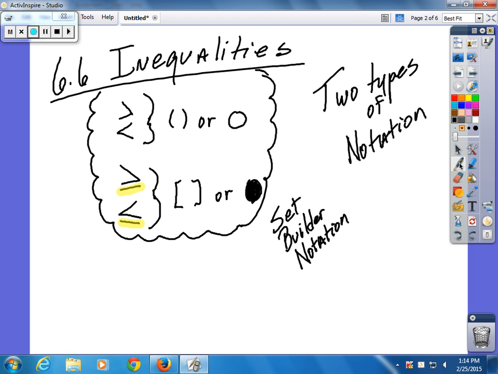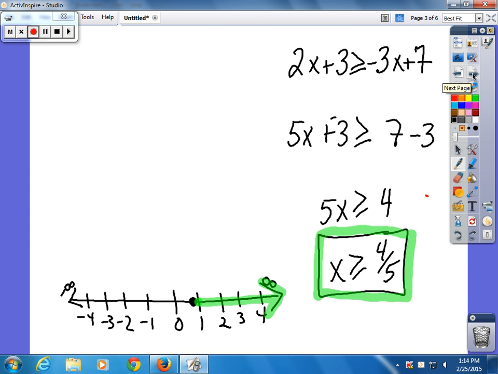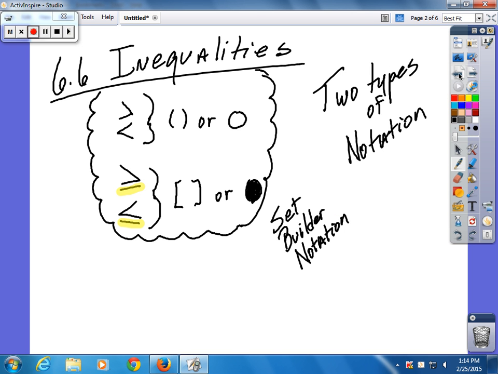So let's say, a while ago we did a problem and we got x is greater than or equal to 4/5. Everybody agree with that? To write that in set builder notation, the only thing you do is put two braces and do this.